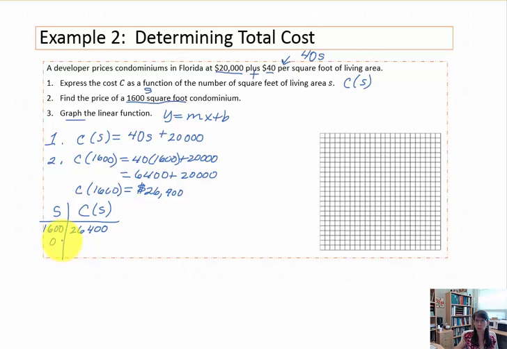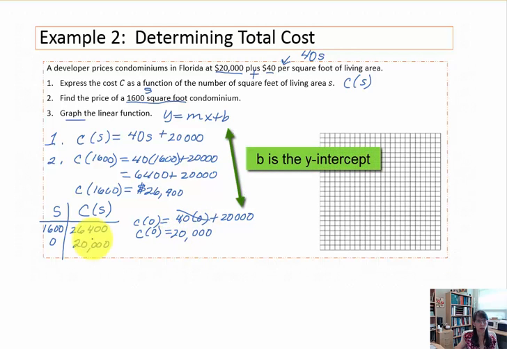So when our input is 0, we'll be able to generate an output that represents the y-intercept. So we're looking for C of 0. That would equal 40 times 0 added to the 20,000. Well, obviously 40 times 0 would be eliminated, so C of 0 would be 20,000. So we have at least 2 ordered pairs to plot.